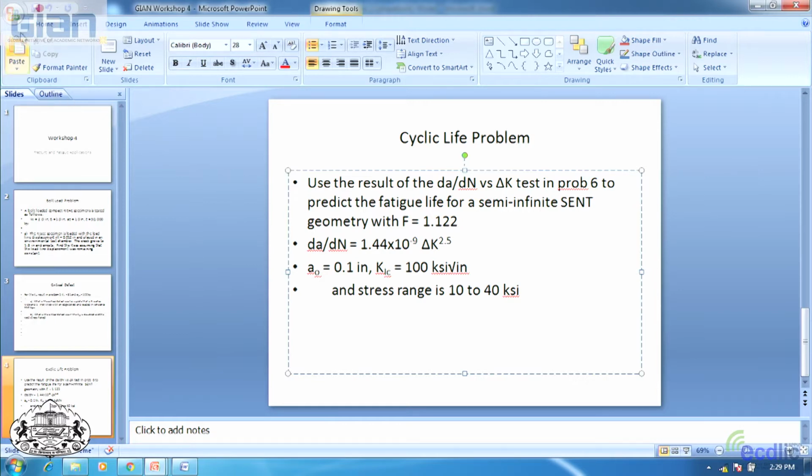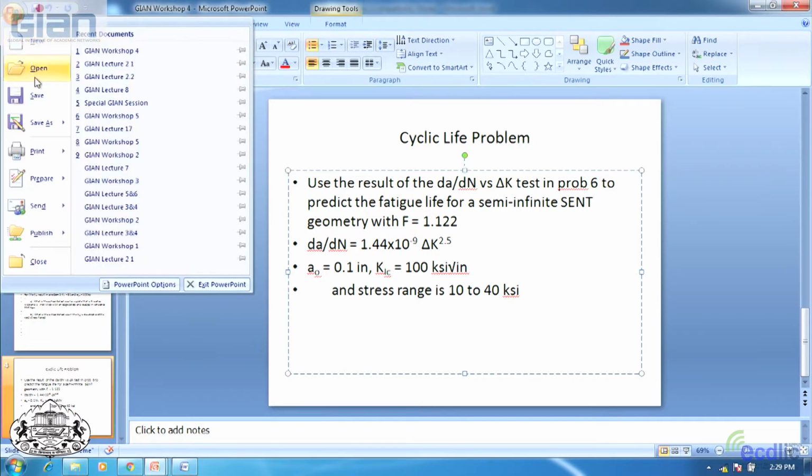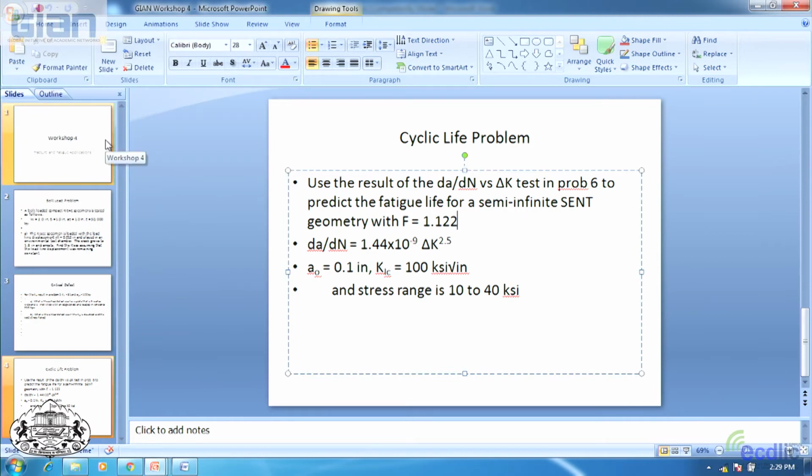So here's some of the things you would need. F equals 1.122, constant. The reason we make that F constant is that if you do the integration and you change the F, it's a big mess.